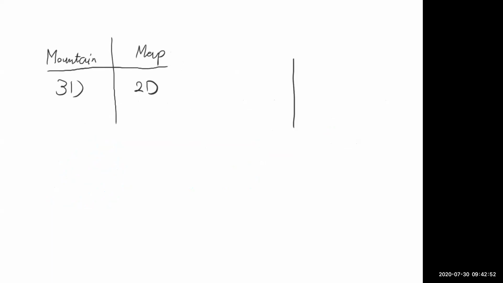What does that mean? Okay, let's go to the next page. Let's have an analogy. If the real mountain we had in the previous examples is something three-dimensional and its map is something two-dimensional, now that we are dealing with objects where the real thing is four-dimensional, the real thing which we can't see, what should be the dimension of the map of a four-dimensional space?